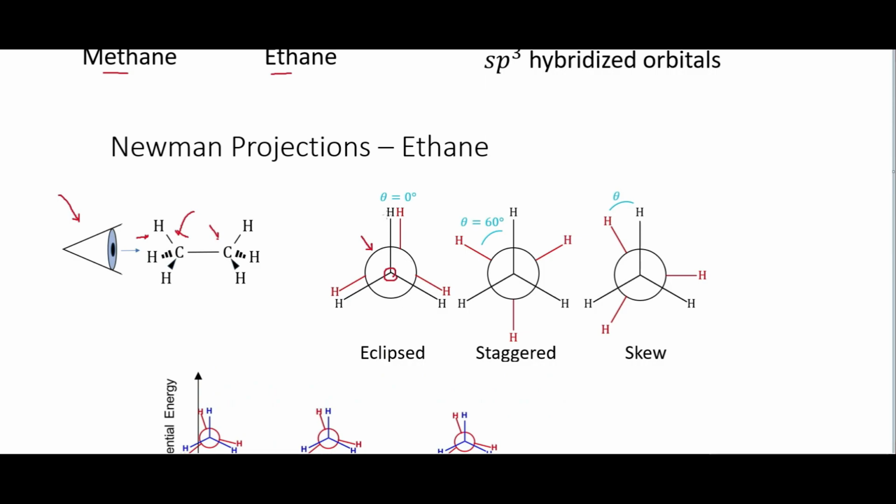So when they are perfectly aligned with each other, we call it eclipsed. When they are perfectly staggered from each other, which is why it's called staggered, we call it that. So when they have this 60-degree angle between them, that is staggered, and any other angle that is not 0 or 60 is called skewed.